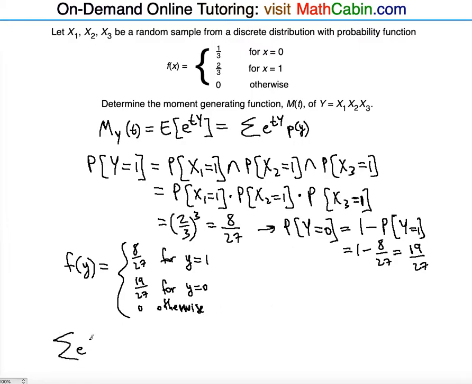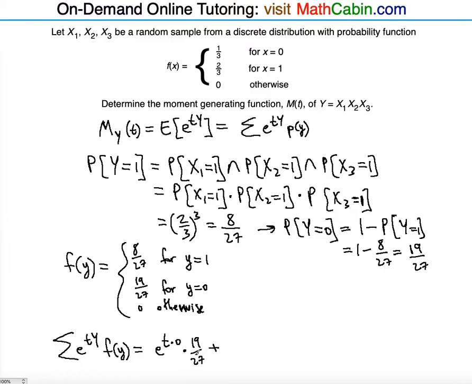The probability of y is the same as the probability function of y. First we take the case when y is equal to 0, so it has to be e to the t times 0, times the probability of y being equal to 0, which is 19/27.